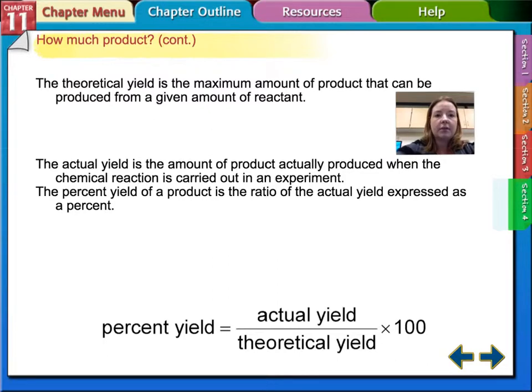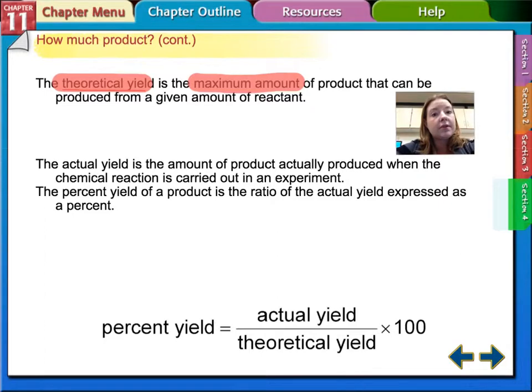The first thing we have to make sure we understand are the two vocabulary words you're going to see. You're going to see the word theoretical yield. Theoretical yield is the maximum amount of the material that could be made. So theoretical yield is really what you calculate. All the mathematical problems that we've been doing, the theoretical yield is what you've been figuring out.